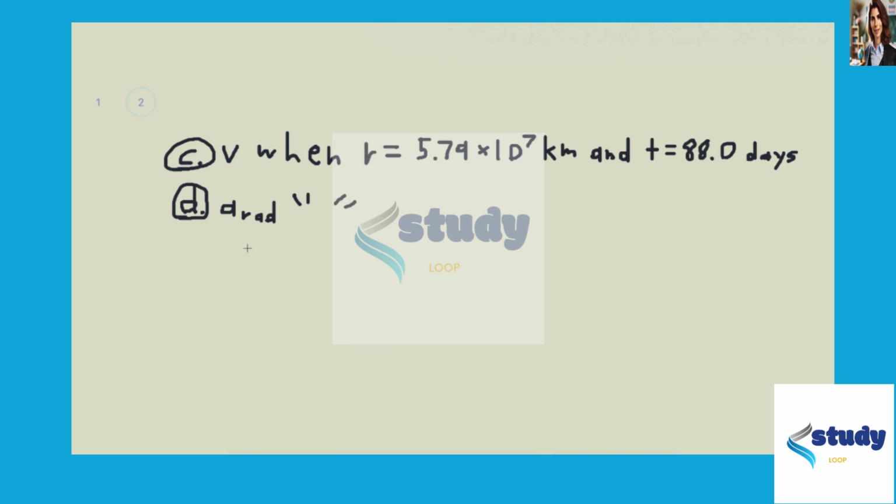So if we repeat the same process, the orbital velocity, using the values for r and T, is going to be 4.78 times 10 to the fourth meters per second.